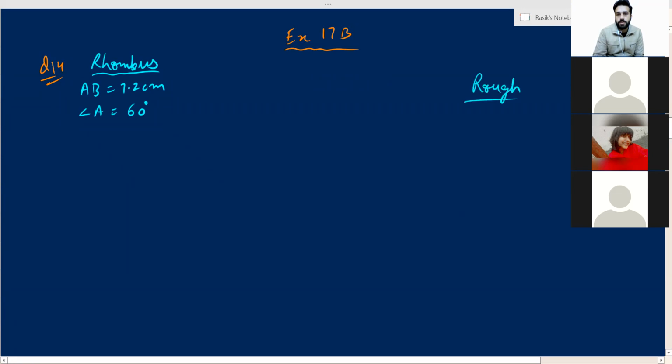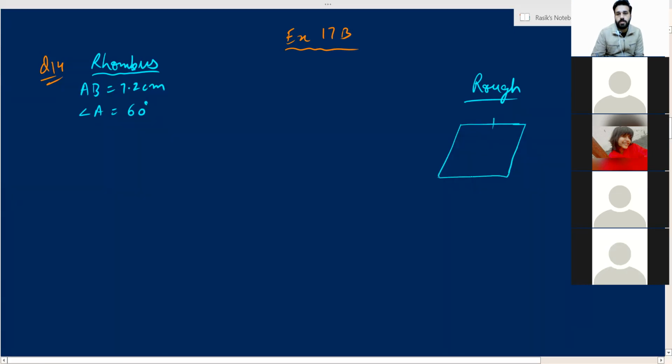What do you know about the rhombus, all of you? Can we say that we know all the four sides of the rhombus? Yes, sir. Because in a rhombus, all the four sides are equal. So all the sides are of 7.2 centimeters, right? And can we say that we know all the four angles also? Yes, we can say 60 degrees.